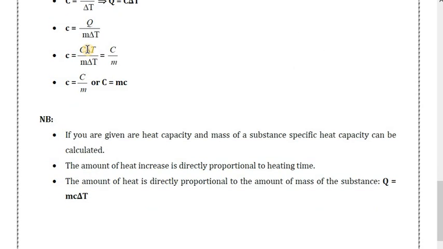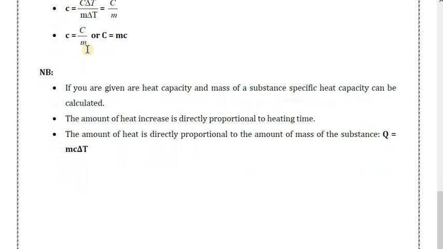So specific heat capacity can also be written as C delta T divided by m delta T, which means the formula for specific heat capacity can also be given as c equals heat capacity divided by mass. Or you can say heat capacity is equal to mass multiplied by specific heat capacity, right?